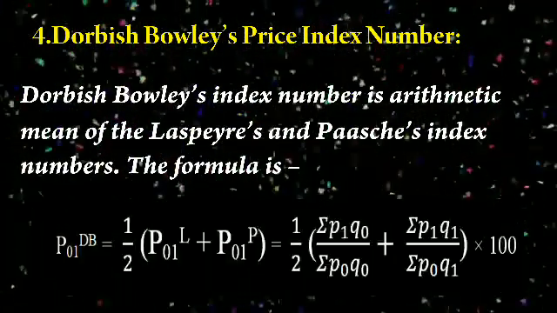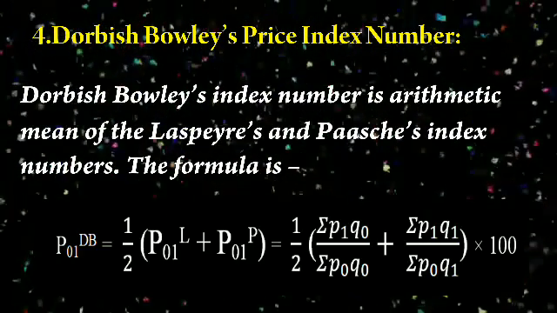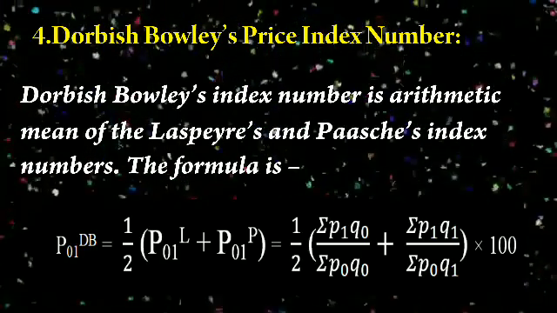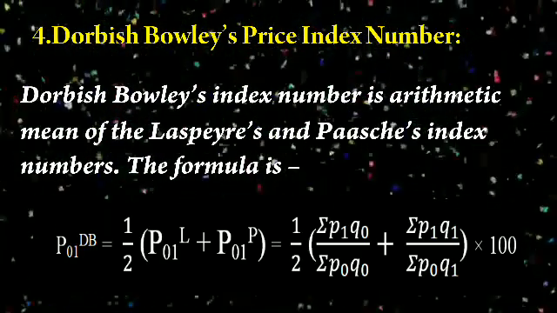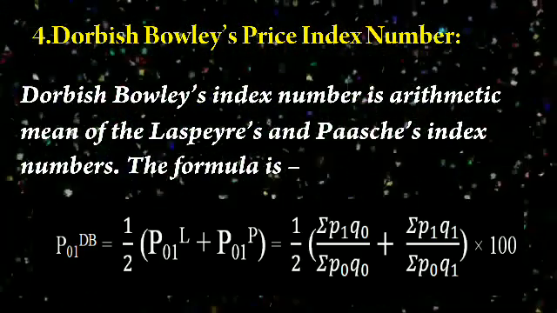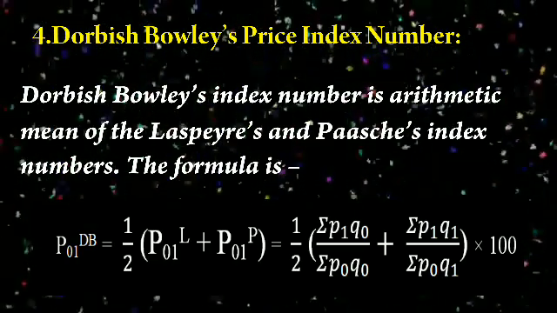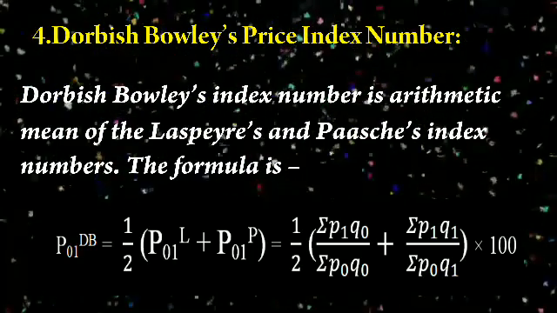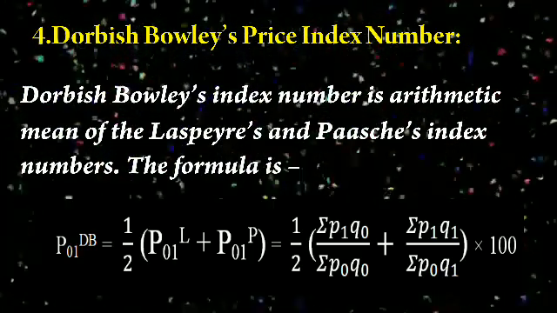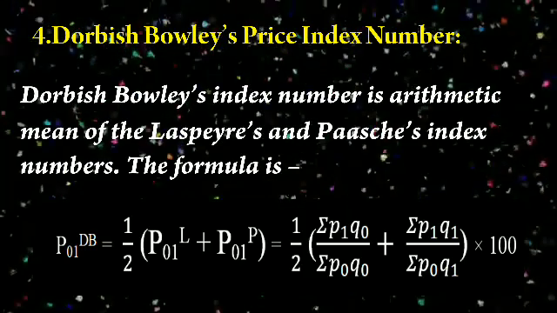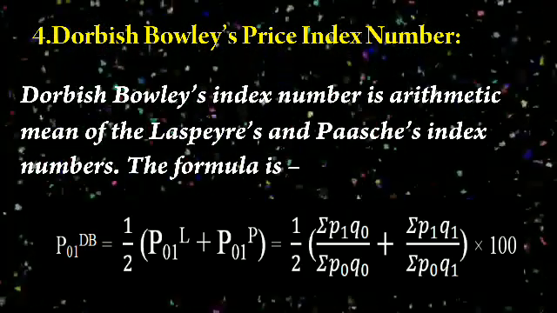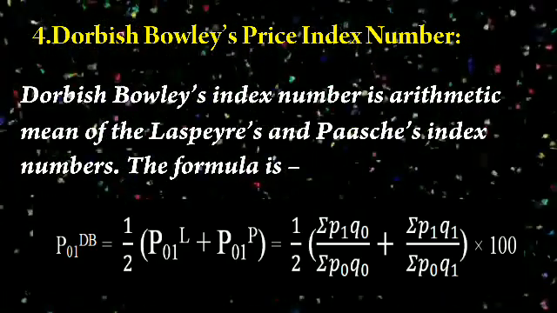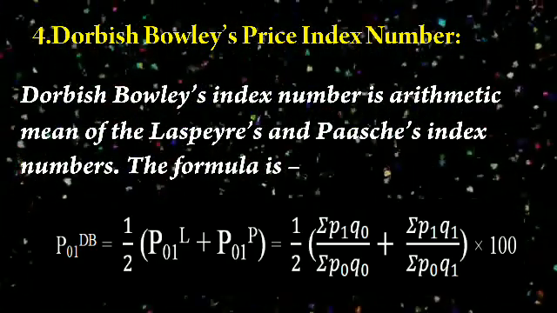So P01 of DB equal to half into P01 of L plus P01 of P, that is Laspeyres price index number plus Paasche price index number into 1 by 2, which is one and the same. Either you can divide P01 of L plus P01 of P by 2 or you can multiply 0.5 or 1 by 2 with the sum of Laspeyres plus Paasche price index numbers.